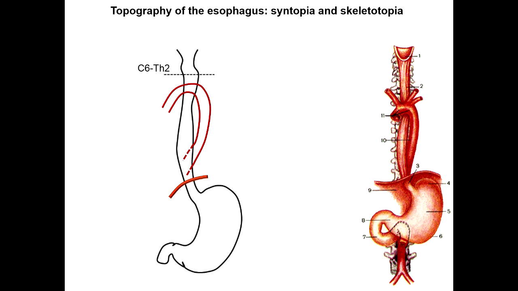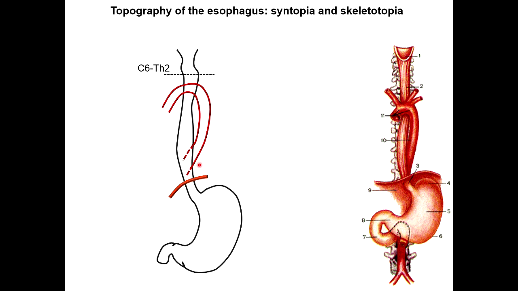Here it is. And then in the lowest part of the esophagus, the thoracic aorta is located behind the esophagus.